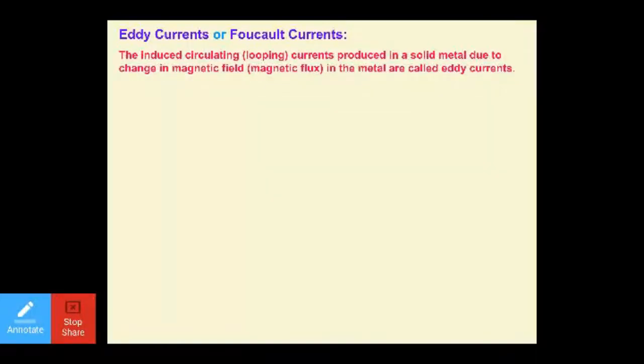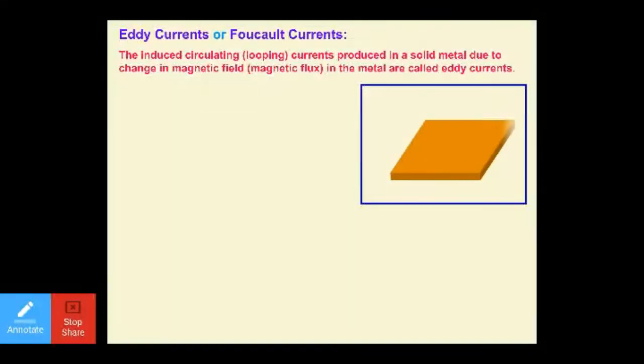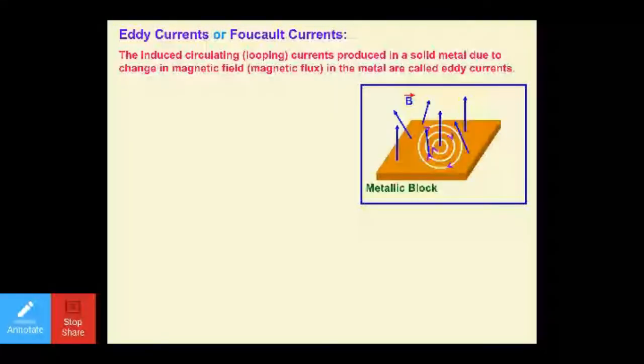So what I'm doing is, instead of making the current flow in wires, I'll be making it flow in solid metals. Now this is the solid metallic block, this is the magnetic field, and this will be the direction of the Foucault's current. If the magnetic field is coming outward, then the direction of the current will be clockwise. Just check it out.